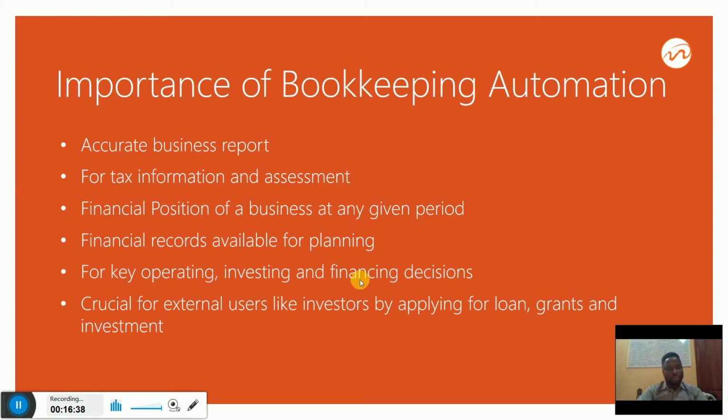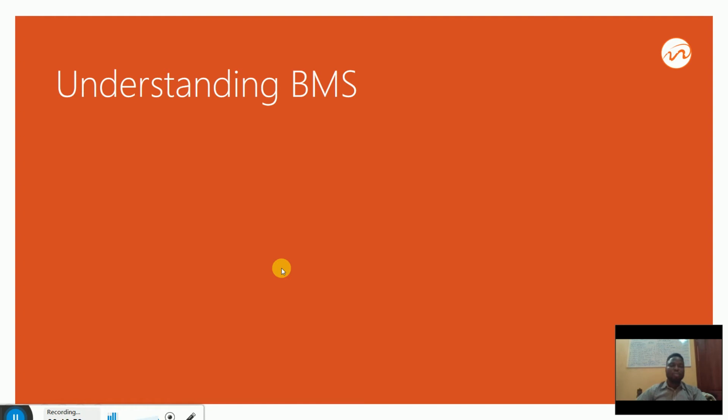Now let's go to understanding what we call business management. Business management solutions. What do we understand by business management solutions? So understanding business management solutions, what's the overview like?